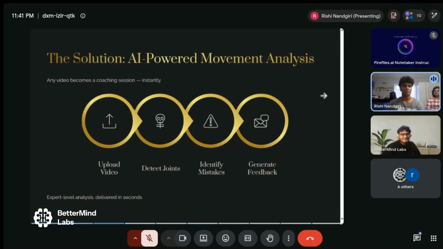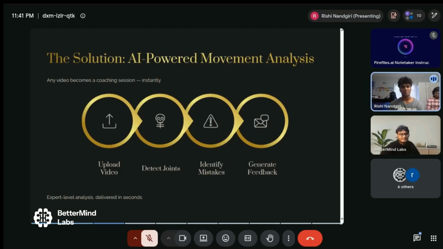The solution was making this application. It works by you uploading a video. It uses FastAPI as a backend, and it extracts joint angles using MediaPipe.